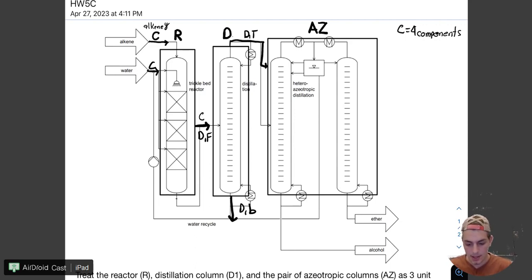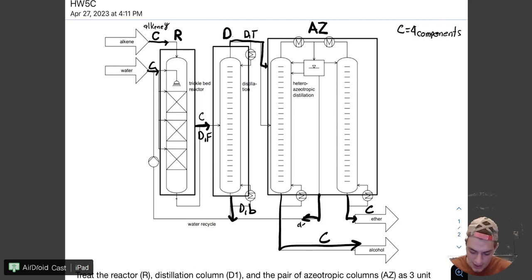Then for the azeotropic, we have an ether stream coming out here, so this is going to be C components associated with that. We have this alcohol stream that has C components, and then we have this water recycle. We'll call this decanter water, and that has C components.